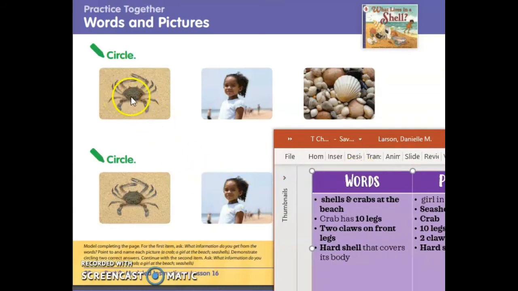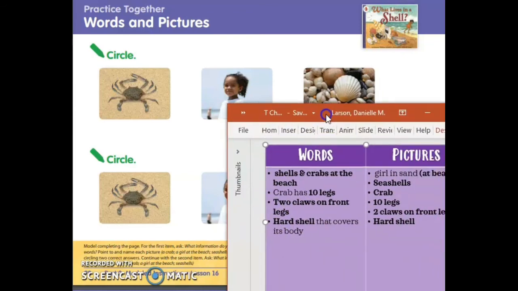A crab, a girl at the beach, seashells. Just looking at the words, I saw that there were shells and crabs in the words. Did it talk about the girl in the words? Let's look at the words. Shells and crabs at the beach. A crab has 10 legs, 2 claws on the front legs, and a hard shell that covers the body. Think about whether or not it was talking about the girl.